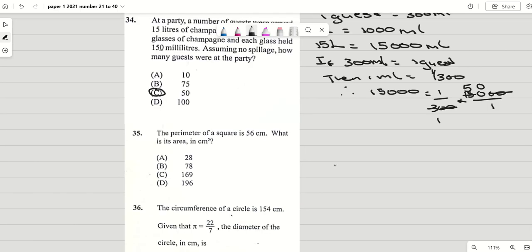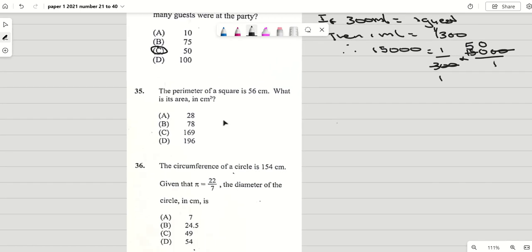The next one, number 35, the perimeter of a square is 56 centimeters. What is the area in centimeters? We did this question already, or a similar question. The perimeter of a square is 4 by side, which is equal to 56. So side would be 56 divided by 4, which is equal to 14.